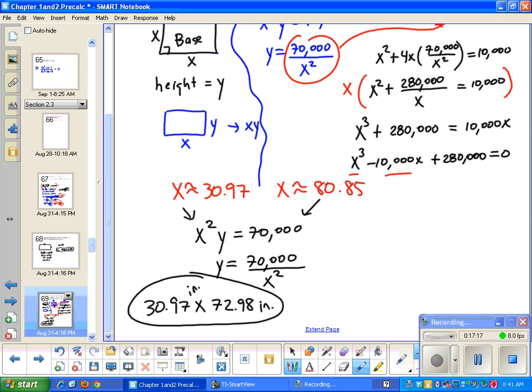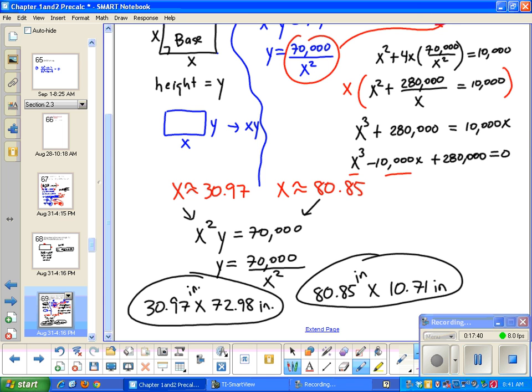And then the other possibility is going to be the 80.85 inches by 10.71 inches. Okay, so these are two answers in this case.